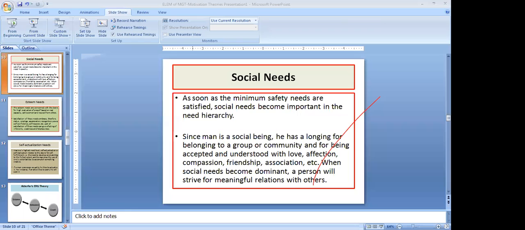So when social needs become dominant in a person, he is bound to strive for meaningful relations with others. And again, if the opportunity for association with others is lacking at work, workers normally form informal groups.